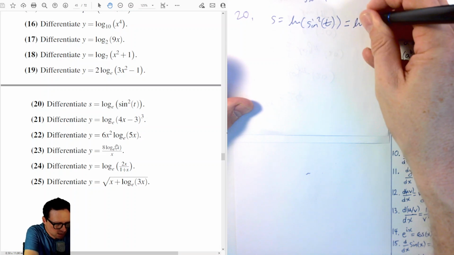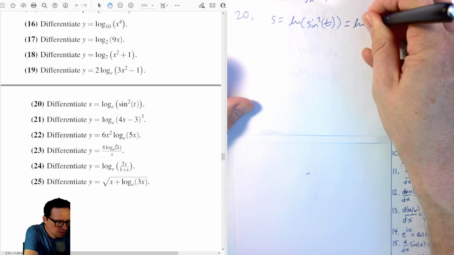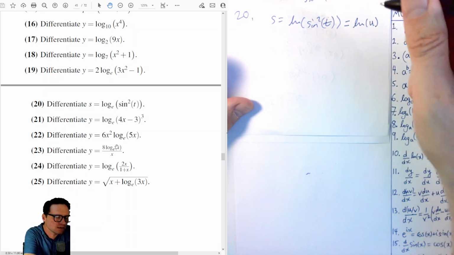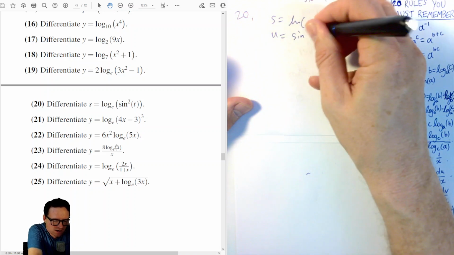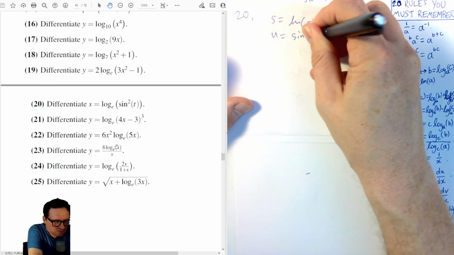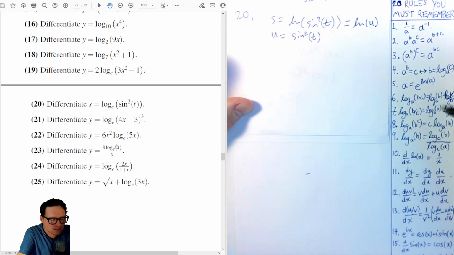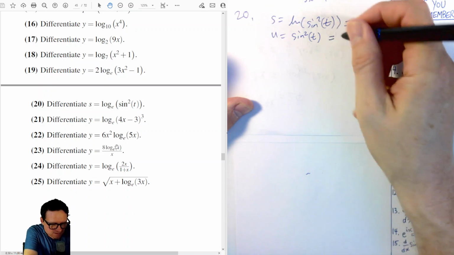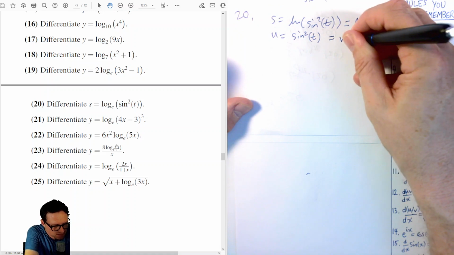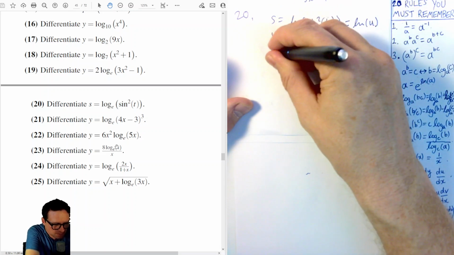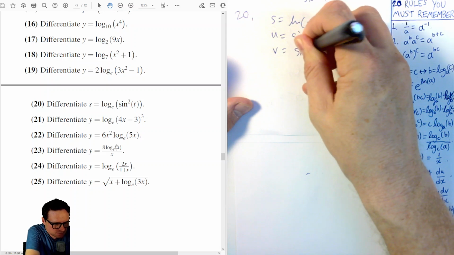So we have ln of u, where u is equal to sine squared of t. And let's say that this is the square of sine of t, and so that's v squared, where v is sine of t.